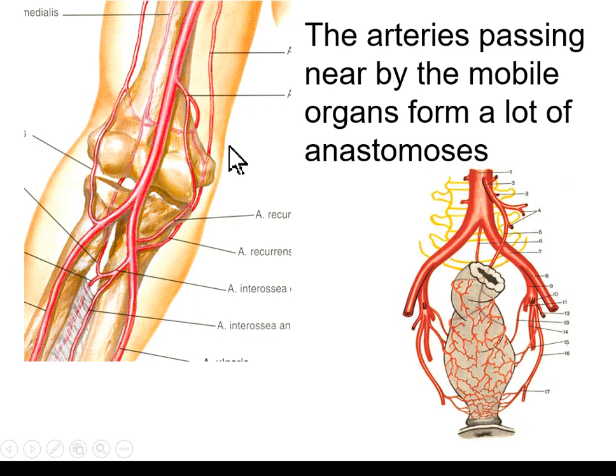We can flexion and extension, and around the joints form the anastomosis by many arteries. These elbow joints blood supplies from four collateral and four recurrent arteries. For example, this is a rectum.